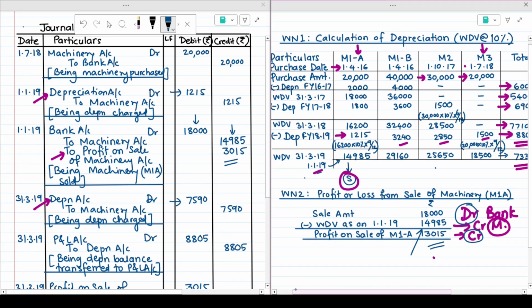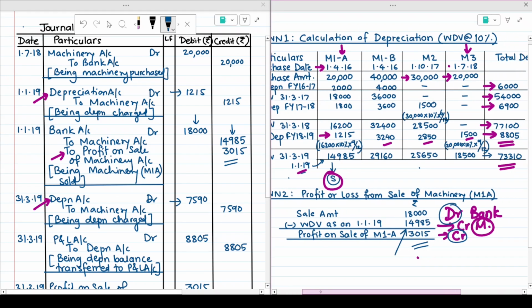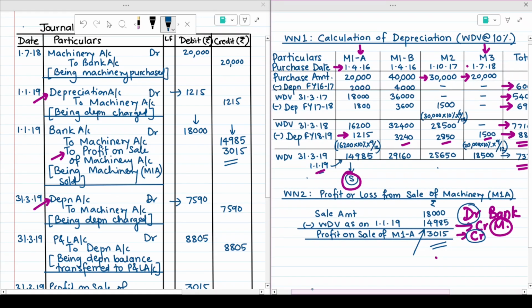So what have we done in this sum? With the help of summary of the sum, we made working note 1, that is calculation of depreciation. With this, we got the WDV of the assets sold, and in working note 2, we found out what was the profit or loss from the sale of machinery. We got profit.